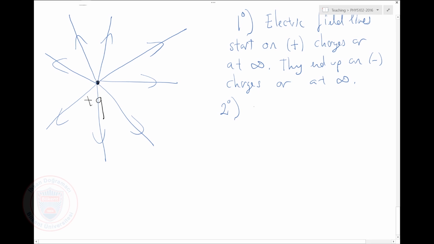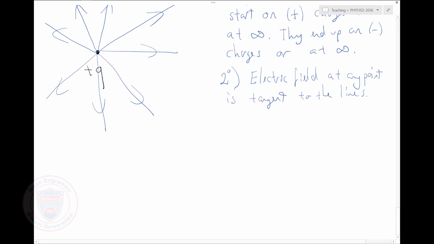The second rule is electric field at any point is tangent to the lines. And the third rule is electric field magnitude is proportional to the density of field lines.